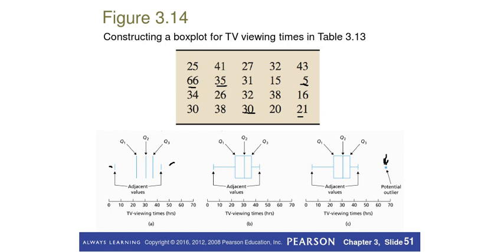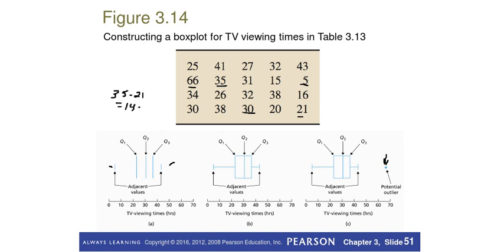And those adjacent values, by the way, are values that are within 1.5 times our interquartile range, right? If we took quartile 3, which is 35, minus quartile 1, which is 21, that is 14, right?